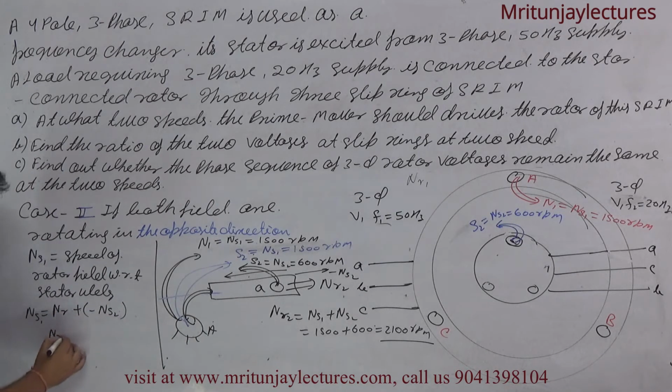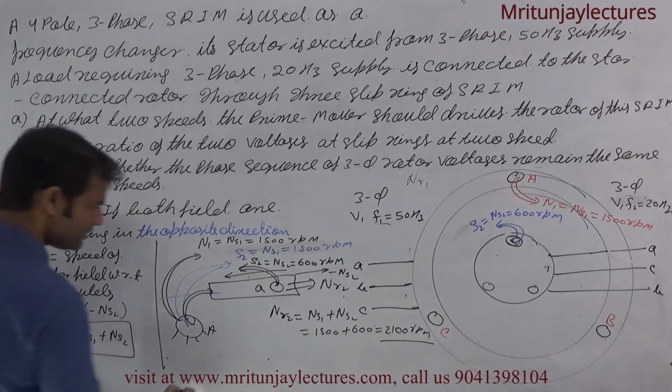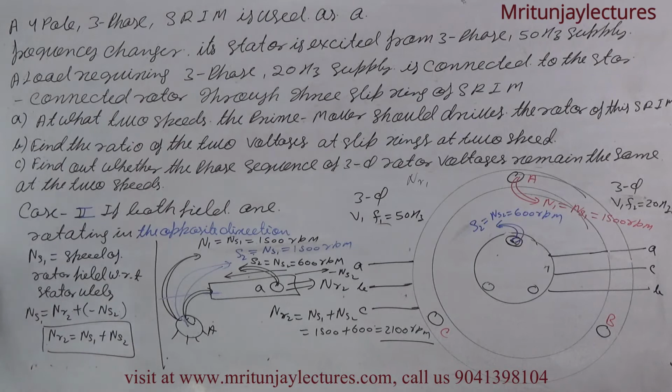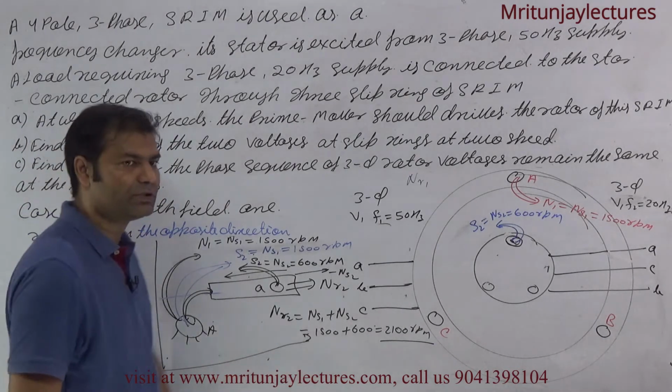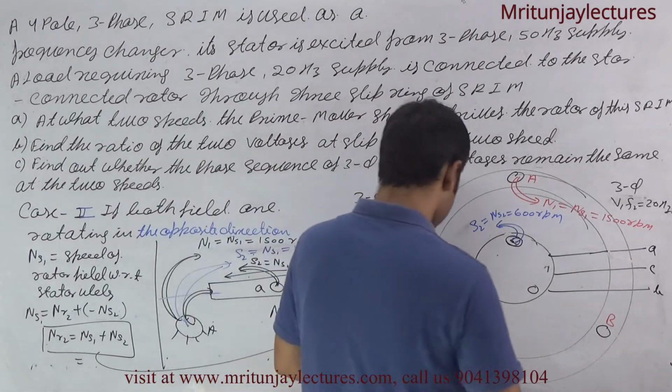So finally, what about NR2? NR2 is getting NS1 plus NS2. Okay, so what about NS2? Finally we got 2100. Clear?